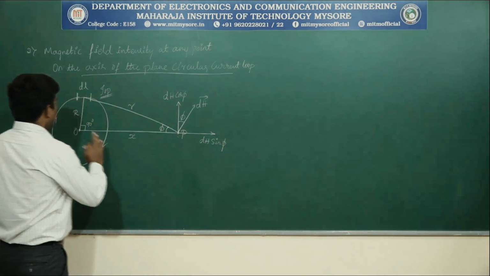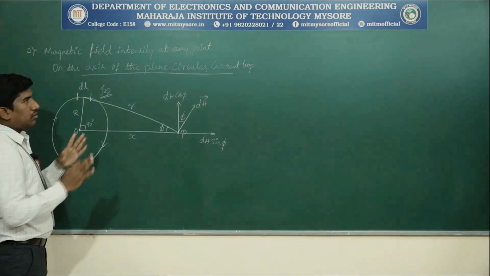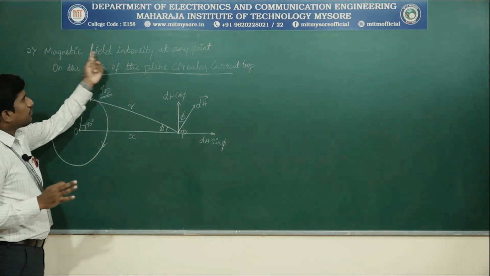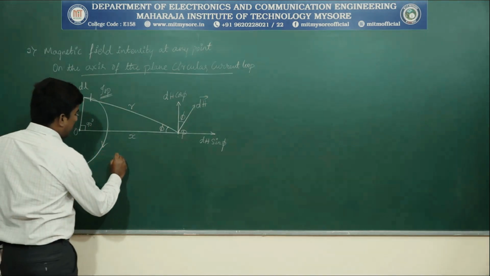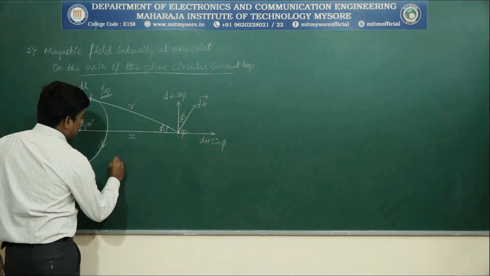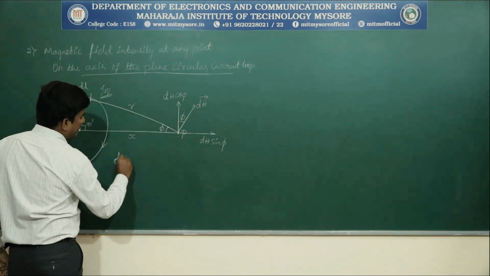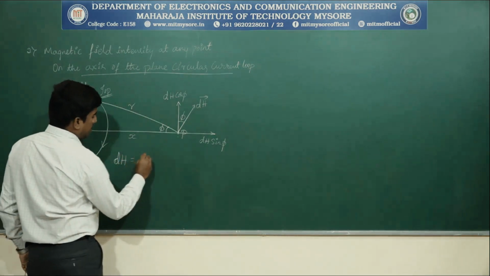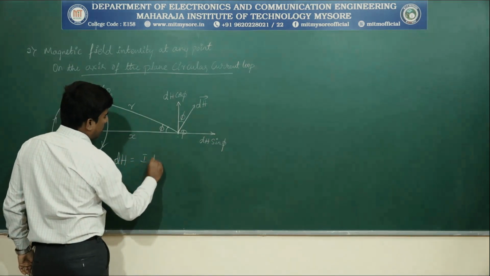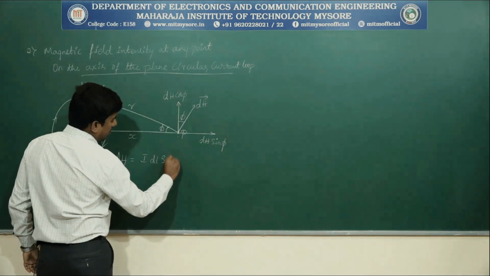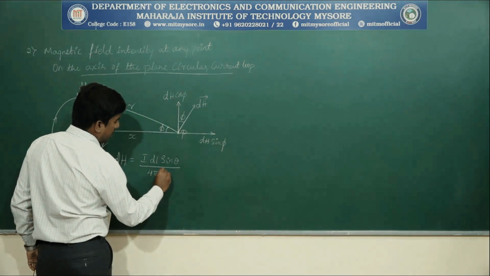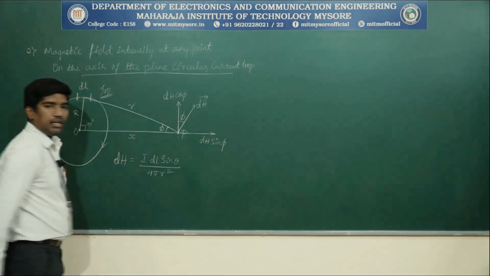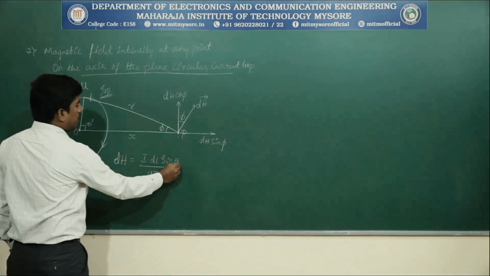With this geometry we need to find the magnetic field intensity at point P. Now for that let us choose the Biot Savart Law magnitude, that is dH is equal to I into dl into sin theta divided by 4 pi r square. So what is theta?